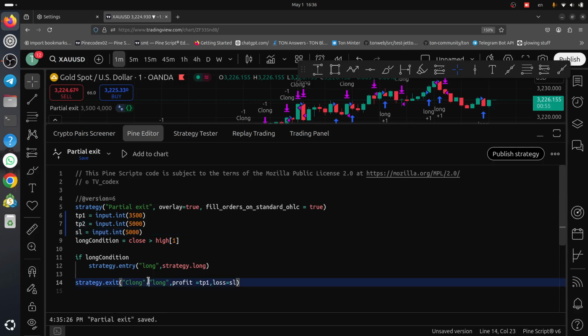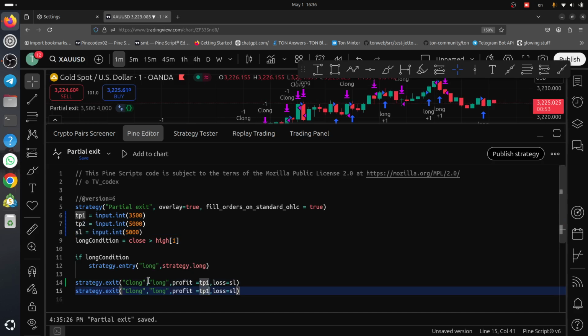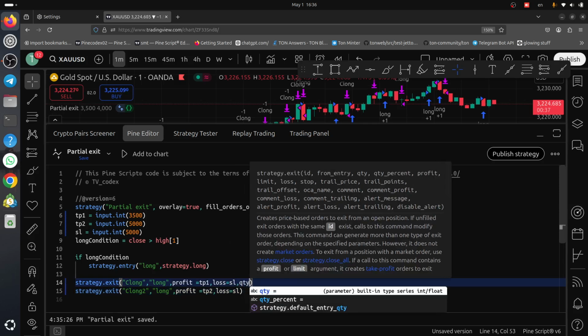So we use this, and again we write TP2, but we use another ID, C line 2.